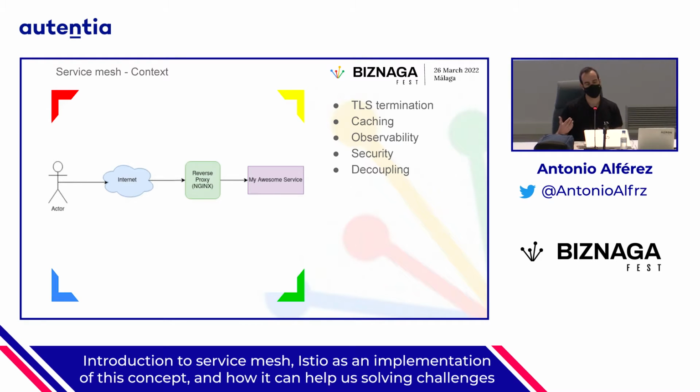The purpose of this is to have some specific network features like TLS termination, caching features, security against denial of service kind of attacks, for instance, or better observability in terms of network. For instance, getting metrics about HTTP requests or better tracing.